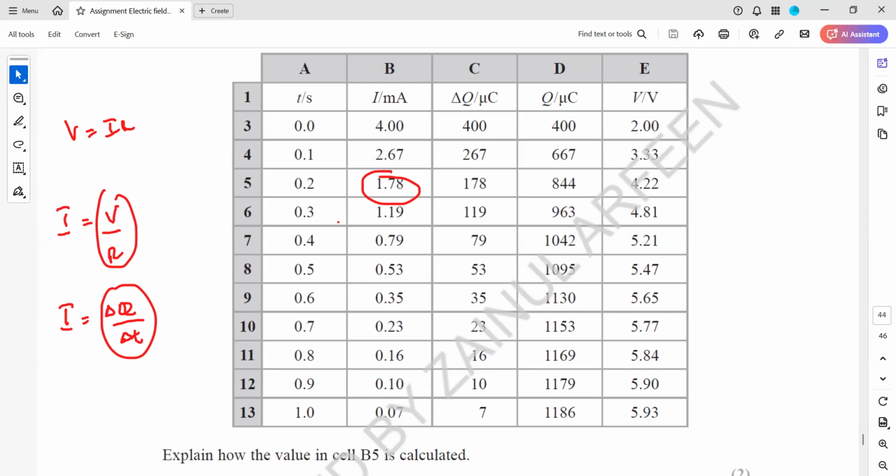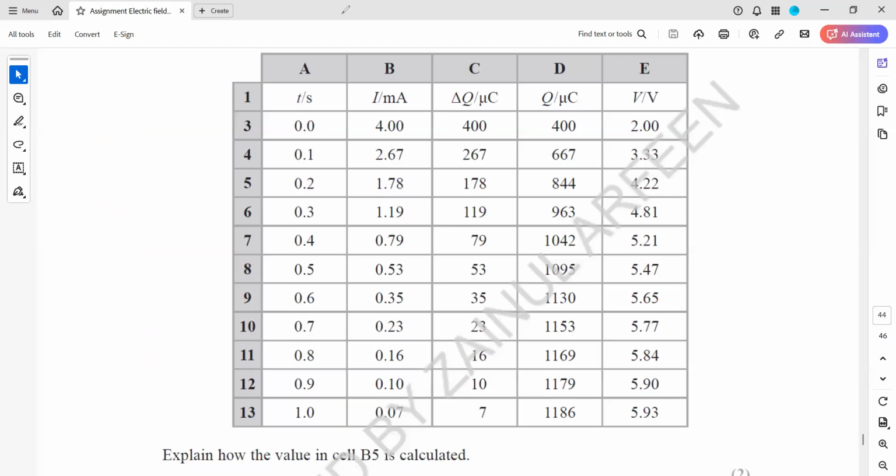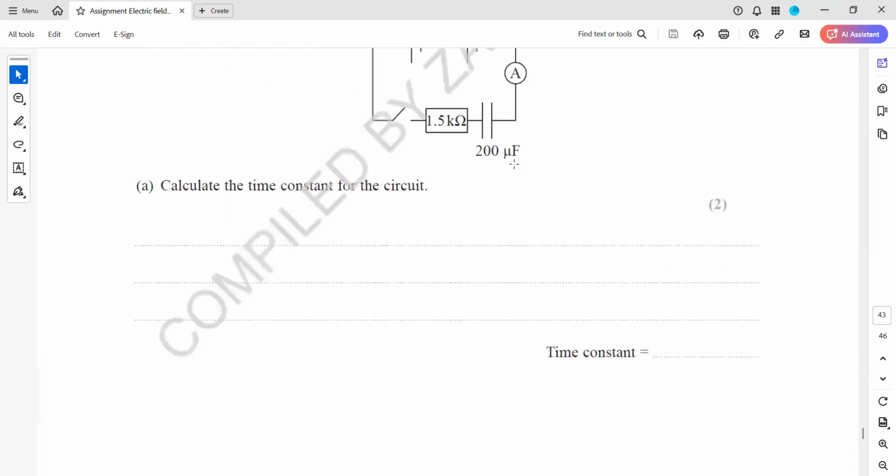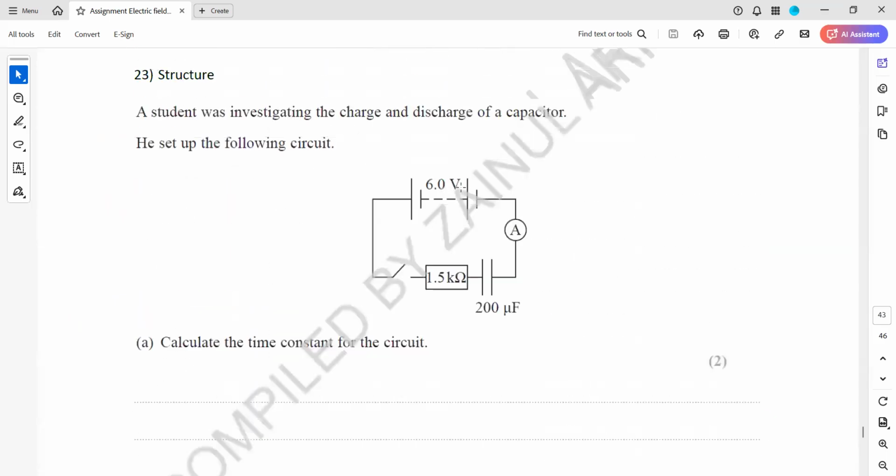Now we check the cell. When time t equals 0, the maximum voltage is 6. So the moment we close the switch, the maximum current will flow, and the ammeter reading will be maximum.